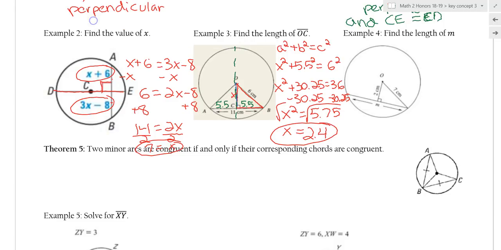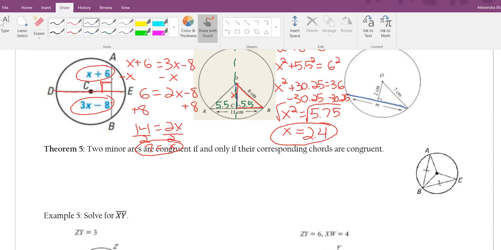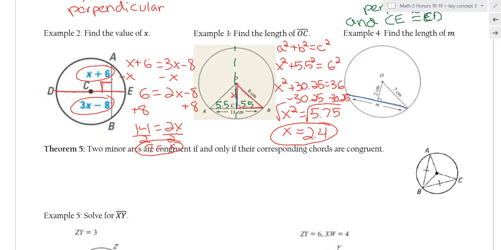All right, find the length of m. So we're finding the length of this whole thing. To start, I am just going to find the length of this part of the right triangle, right? We have this right triangle here. So I have x squared plus 2 squared equals 7 squared.